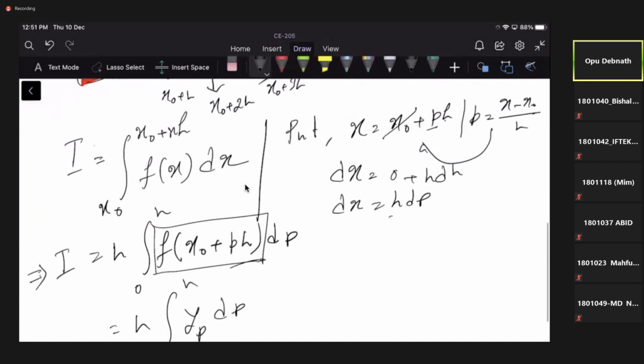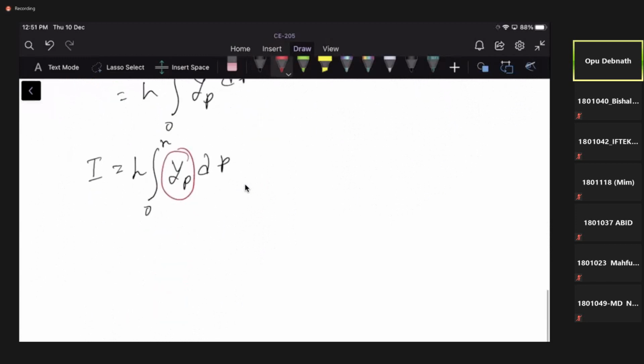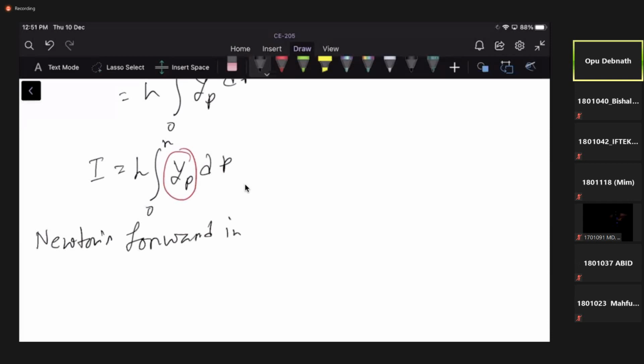At this stage, yp is given by Newton's forward interpolation formula. If you go back to the previous two or three classes, this is very well known to all of you.